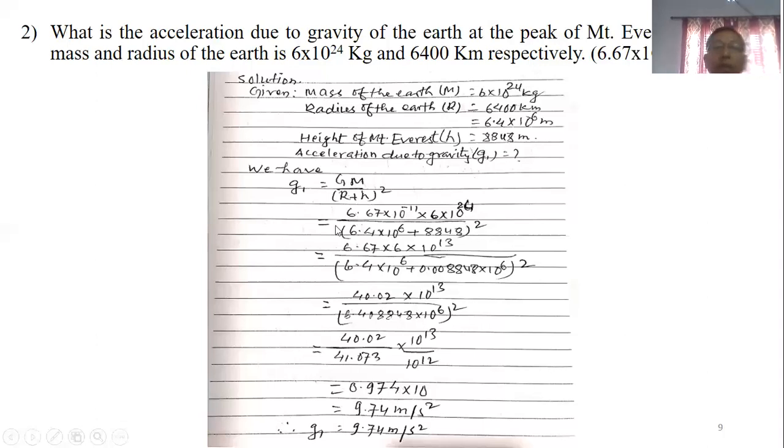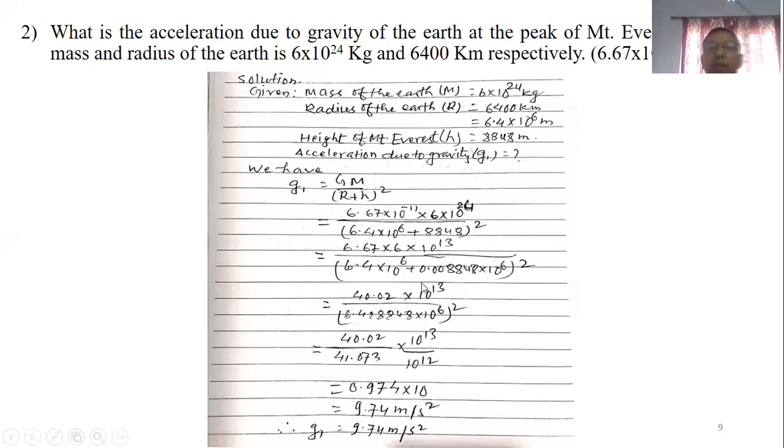Now, this 6.67 into 6 into 10 to the power 13, that is 24 minus 11, 13 over 6.4 into 10 to the power 6 plus 0.00848 into 10 to the power 6 whole square.